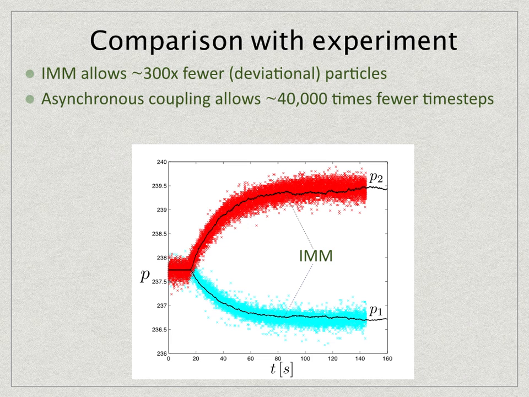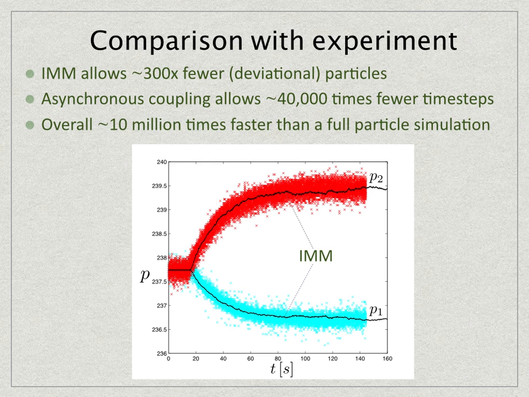And the other contribution is the asynchronous coupling, which has allowed us to use almost 40,000 times fewer time steps. In combination, that means this IMM is about 10 million times faster than a full particle simulation would have been for the same case.